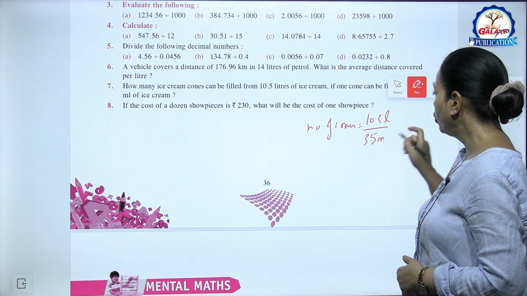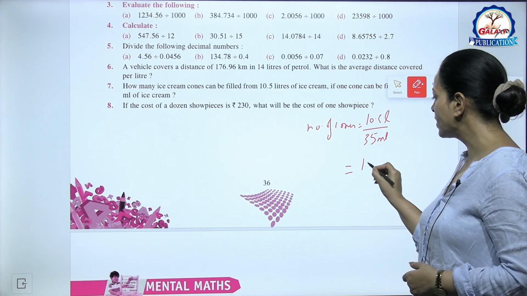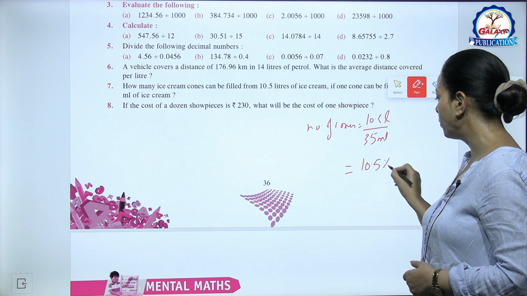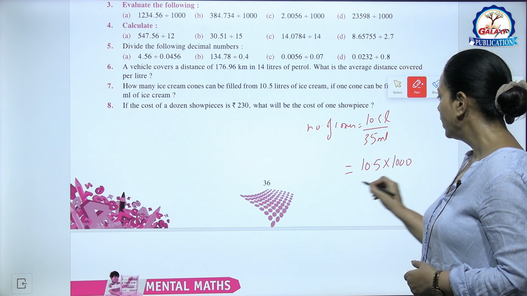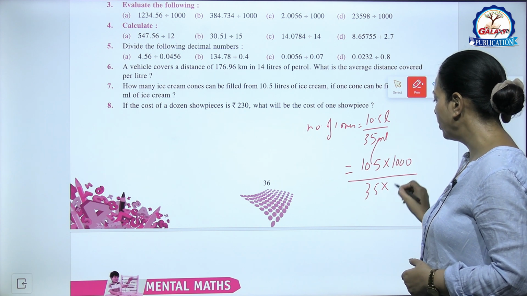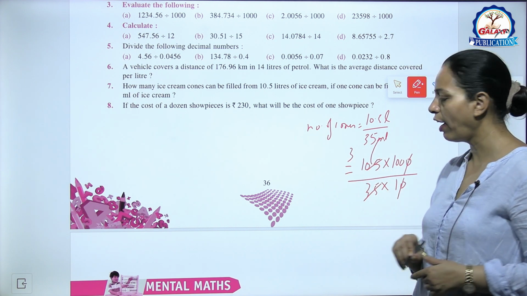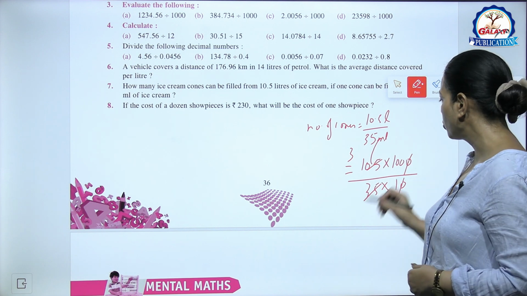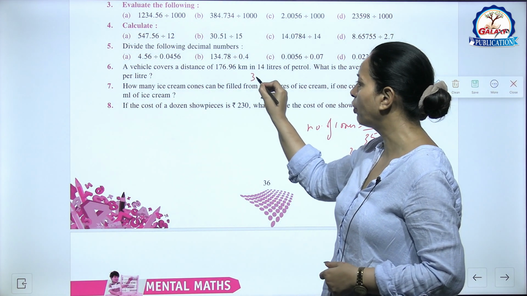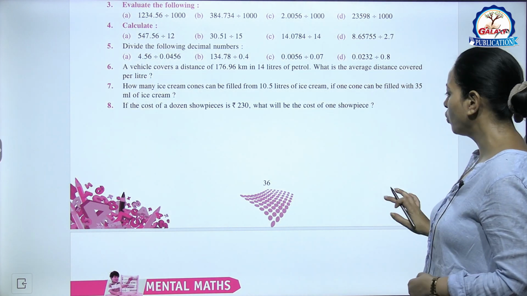First of all, units must be same. So convert liter into milliliter. 10.5 multiplied by 1000. Now divided by 35. So remove decimal. So cut it by 35. So 3 into 100 means 300 cones, right? Similarly, you can try remaining questions.